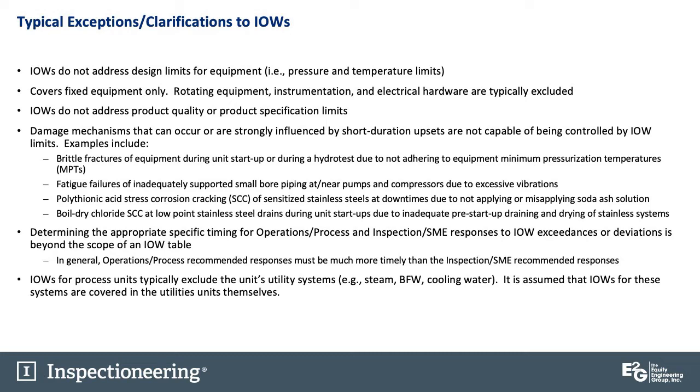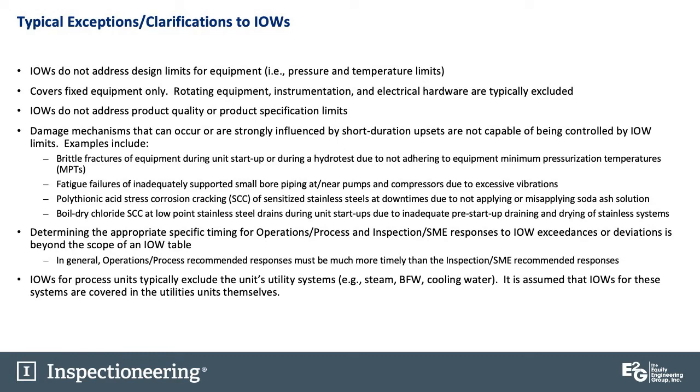Another example is fatigue failures of inadequately supported small bore piping near pumps or compressors due to excessive vibrations. A couple cracking examples: polythionic cracking or chloride cracking of stainless steels, due to either, in the case of polythionic cracking, not applying or misapplying soda ash solution, or in the case of chloride cracking, not thoroughly draining and drying your stainless equipment prior to unit startups.